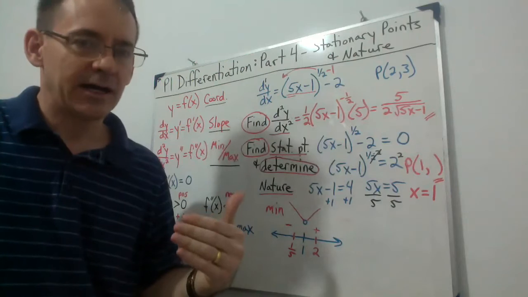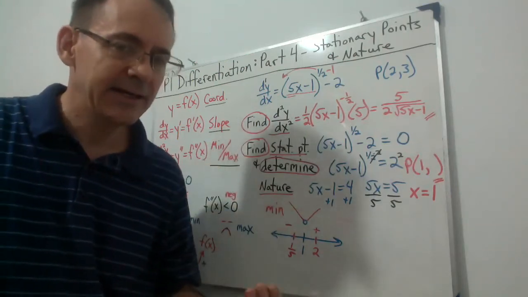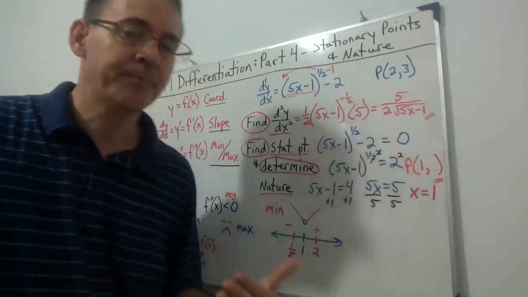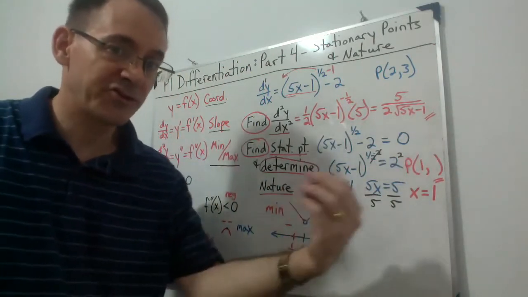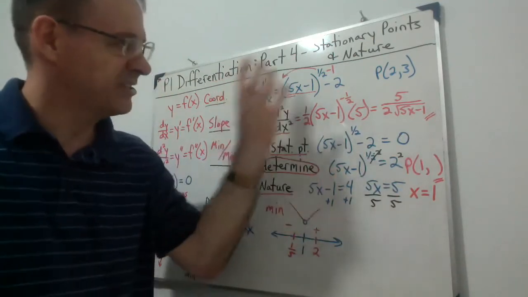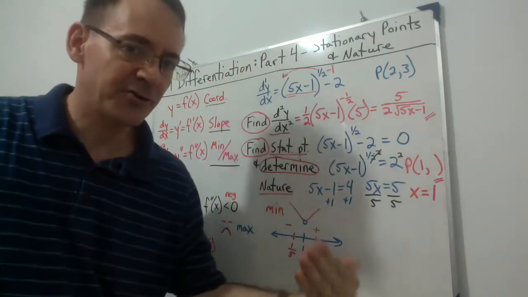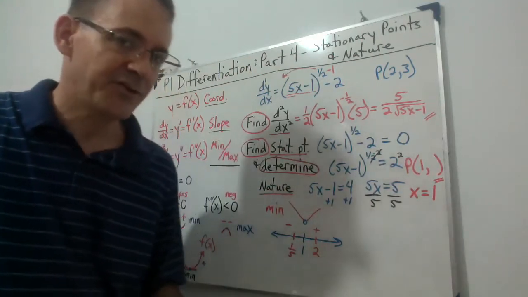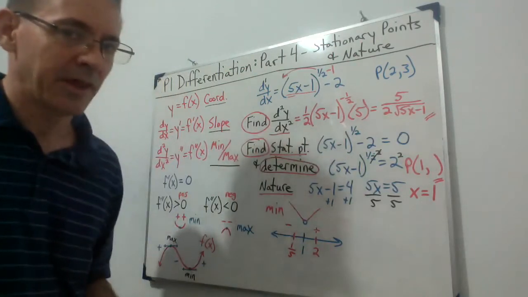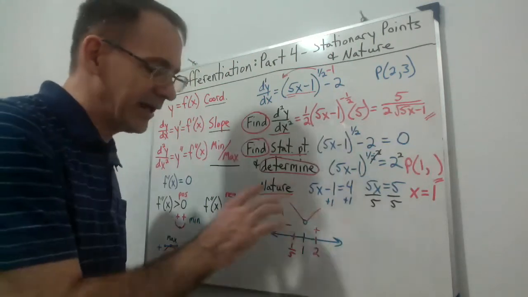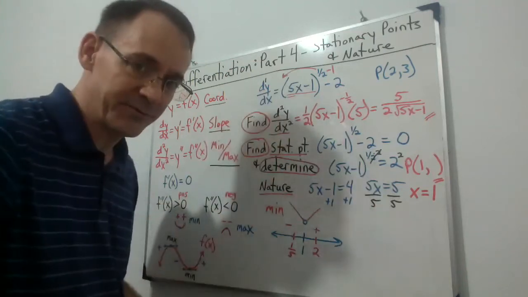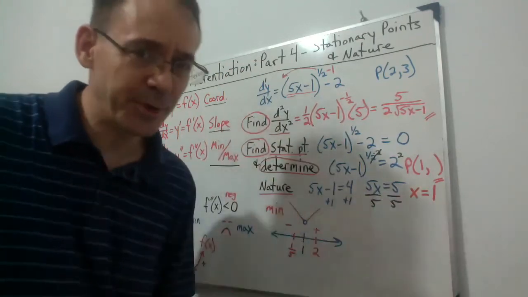However, later, maybe in Pure Math 3, when you learn derivatives with trigonometry, some of those trigonometric expressions are a little difficult to find the second derivative. So with some of those difficult trigonometry ones, I won't do the second derivative, I'll use the first derivative test. But that's not until Pure Math 3.